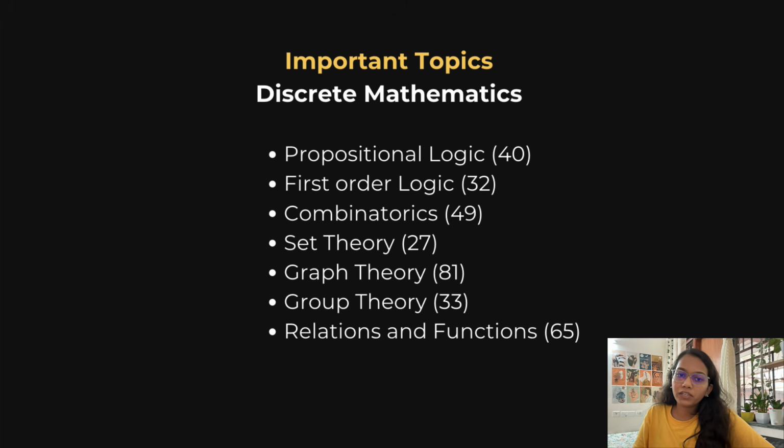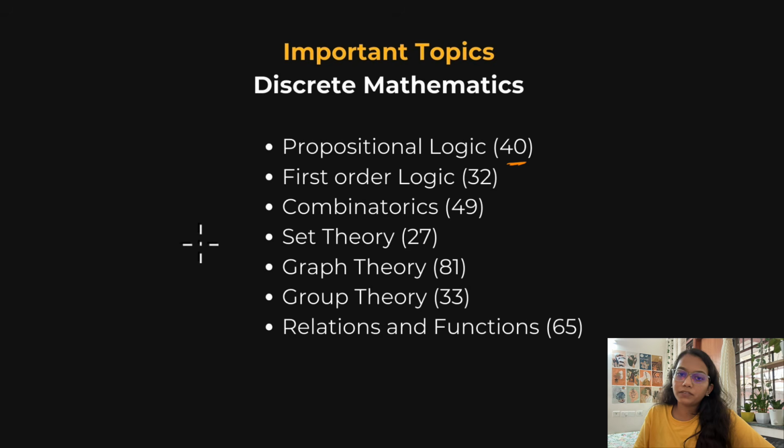I can't specifically list out the topics from discrete mathematics here, because all these topics are important, and from each of these topics a lot of questions came in the previous years. So all these topics are important only, like propositional logic, first order logic, combinatorics, set theory, graph theory, group theory. Graph theory is the most important topic, so a lot of questions came from graph theory.